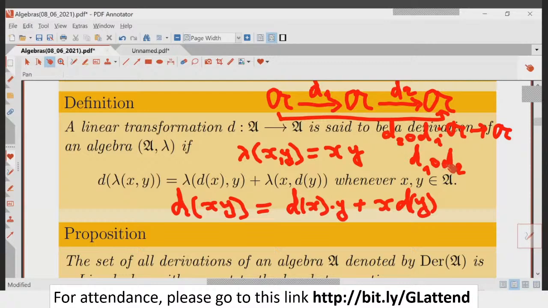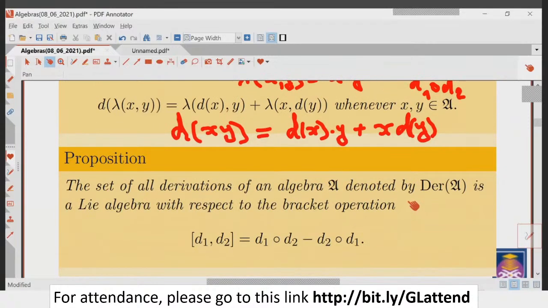But you should find some remedy. The remedy comes as follows. This is not a derivation, and this is also not a derivation.